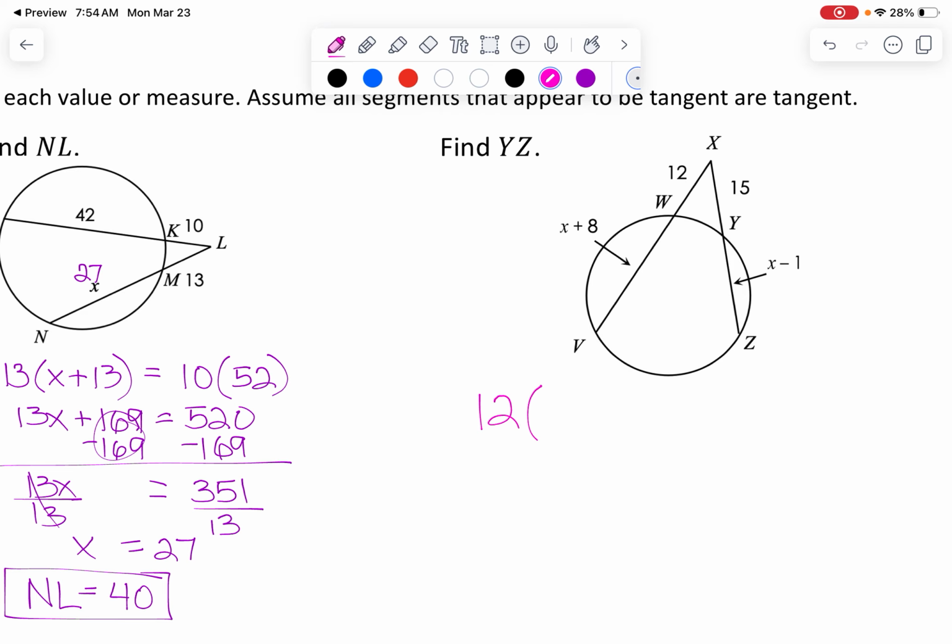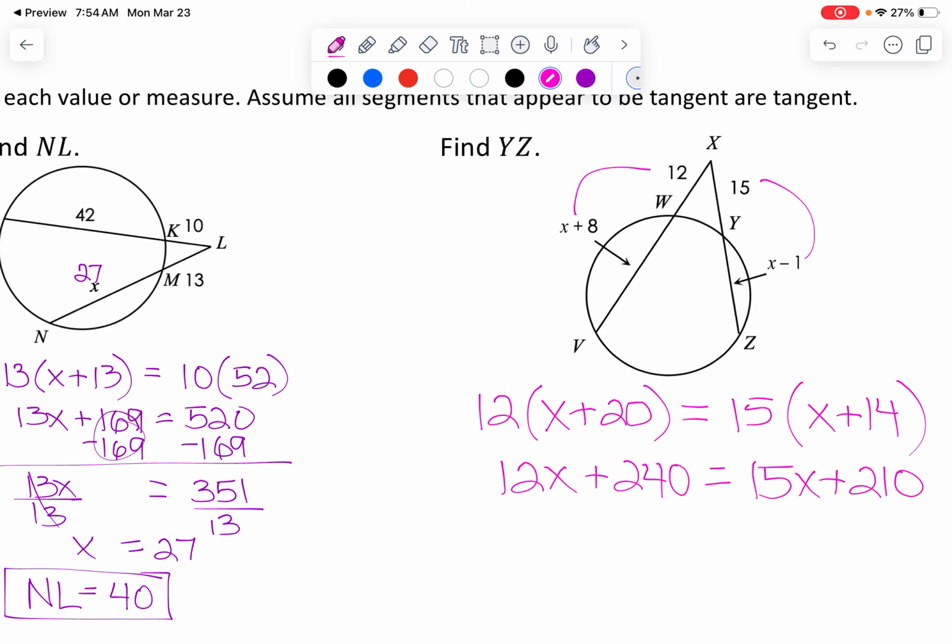Okay, and now just do some distributive property in solving. Plus 240 equals 15x plus 210 again. Okay, so get all my x's on one side.